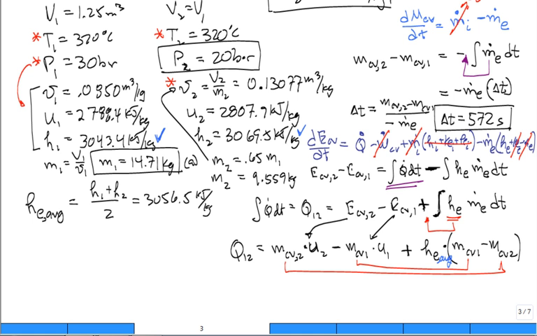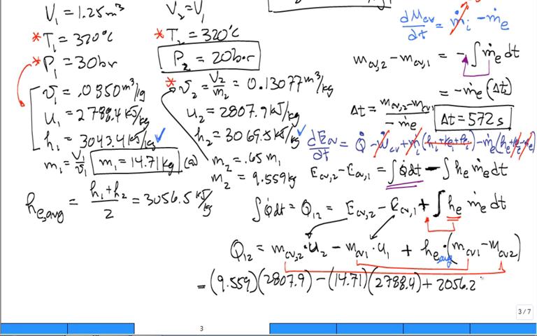All right, so let's now stick in our numbers. We have the final mass in the control volume, 9.559, times the internal energy at state 2, 2807.9, minus the initial mass in the control volume, 14.71 kilograms, times the initial internal energy, 2788.4, plus the average enthalpy, 2056.2, times how much mass left the control volume.